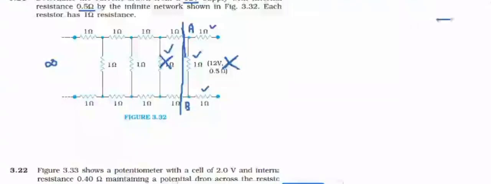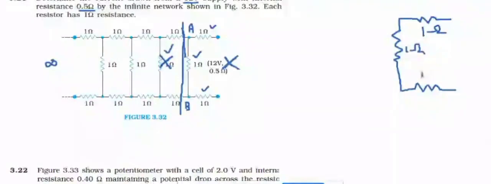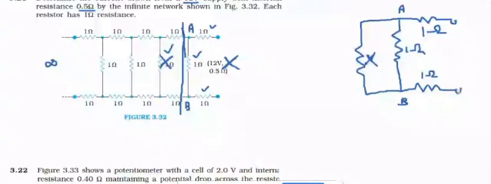So here the first unit, each of 1 ohm, and the remaining part having total resistance X is connected between AB, which I will draw as a single resistance whose value is X, and the effective resistance between these two terminals, that is also X. That means the total network.